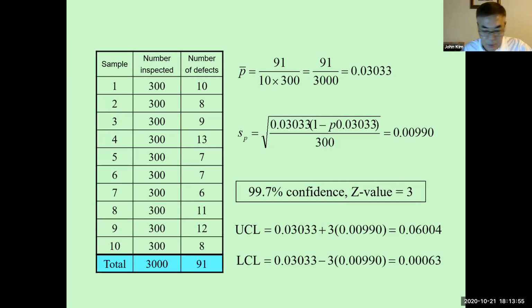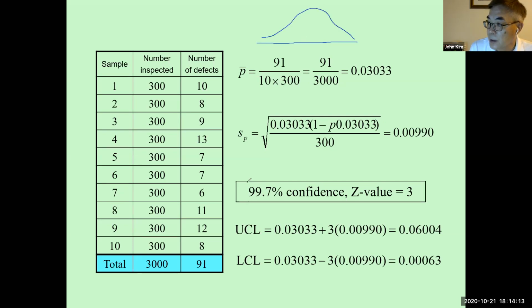Confidence level looks like this on a normal distribution. 99.7 means the distance from the mean is plus or minus 3 sigma.